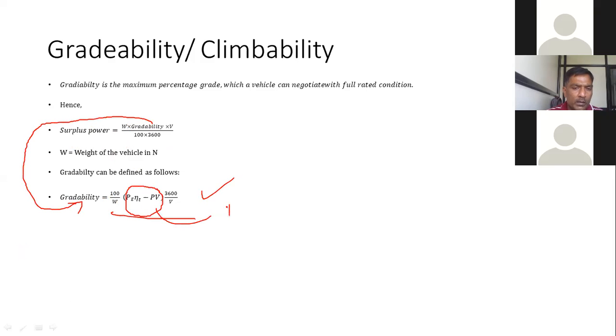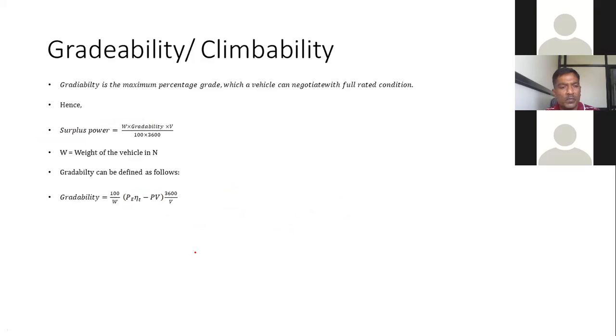So actually it is P eta T, and this one is PV. So this V is suffix. Then again it is equal to 100 by W as it is.